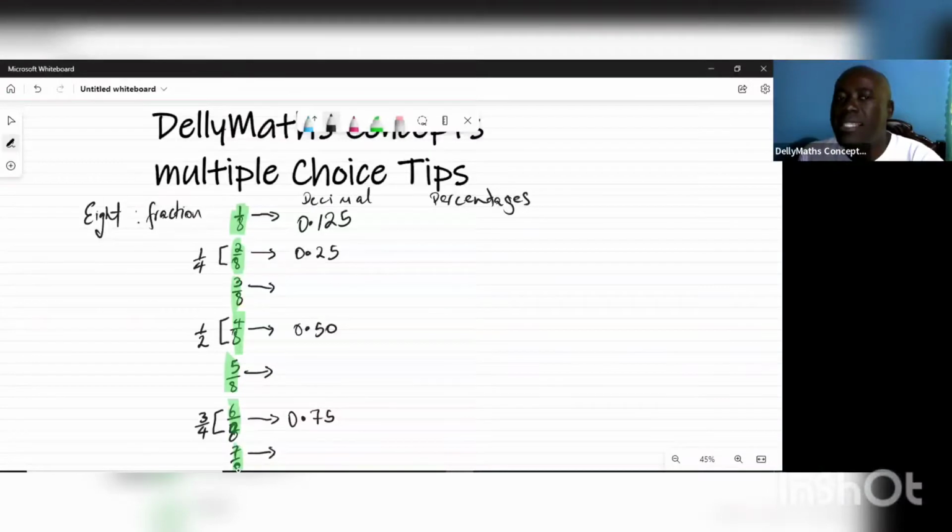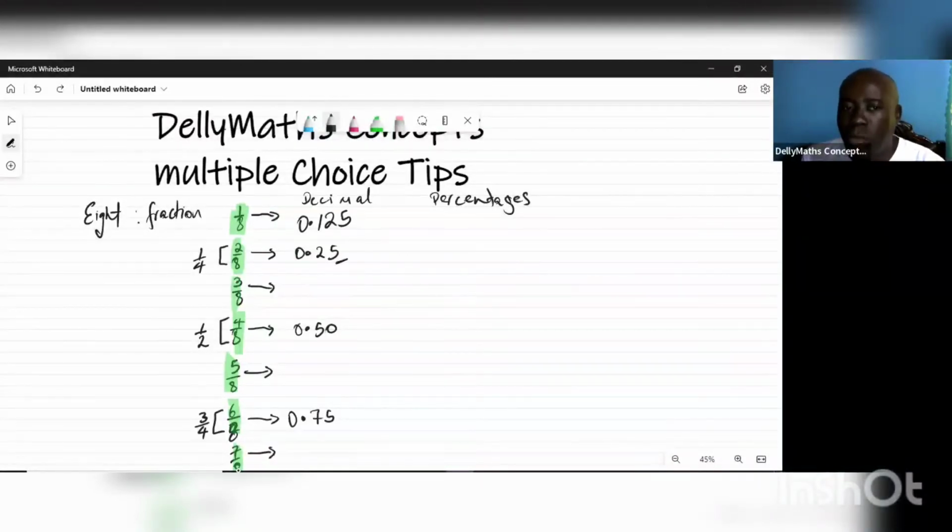So then it means that the decimal for 1/8 is 0.125 because it's a half of a quarter. So I divide this by 2 and I get that. That means I have the decimal for 1/8. If I keep adding going forward, since I'm adding 1/8 each time, that means in the decimal world, I'm actually adding 0.125 each time.